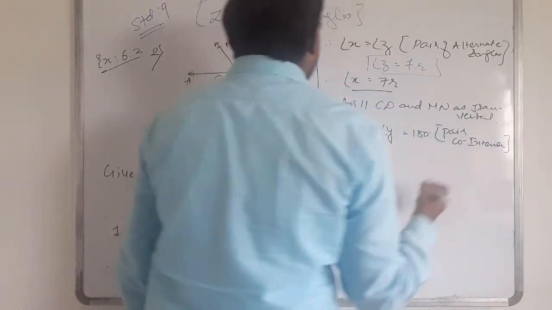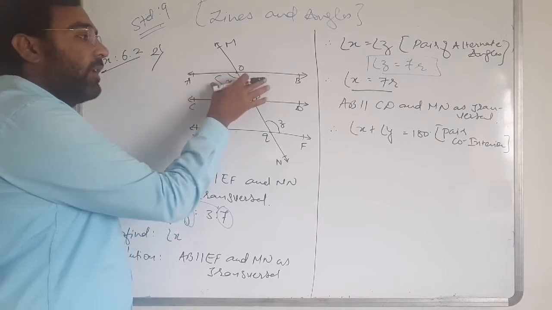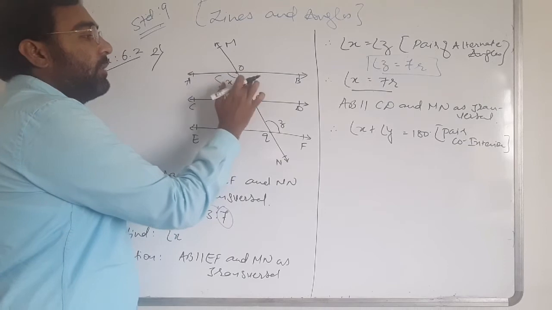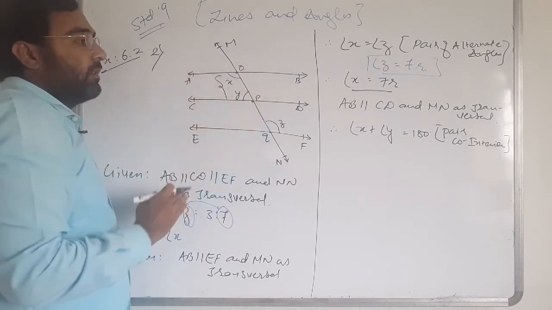Co-interior angles are in the interior part of the parallel lines and on the same side.